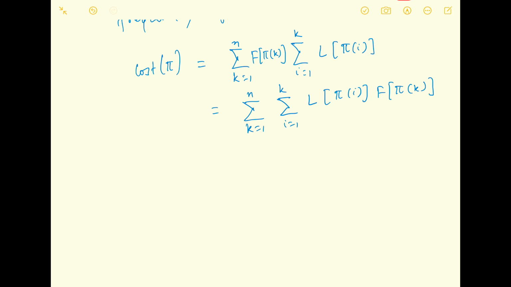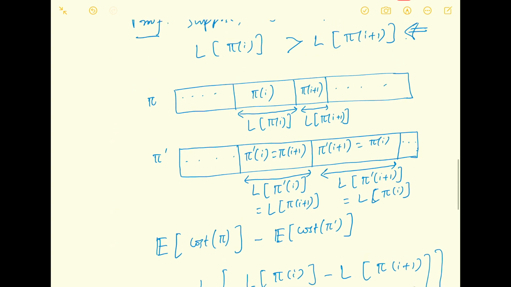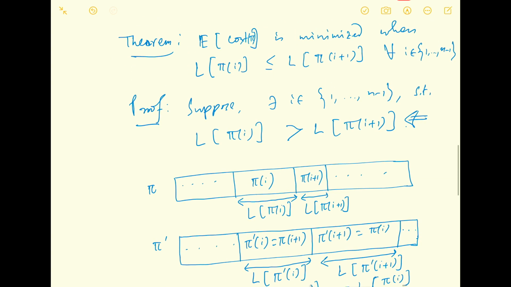Using a similar exchange argument, this particular argument is informally called the exchange argument. This type of exchange argument is quite common while proving optimality of a greedy choice.